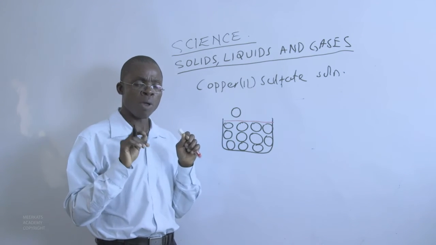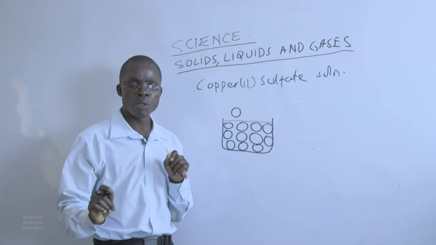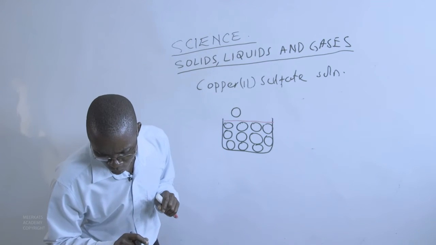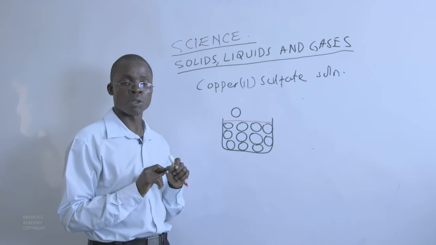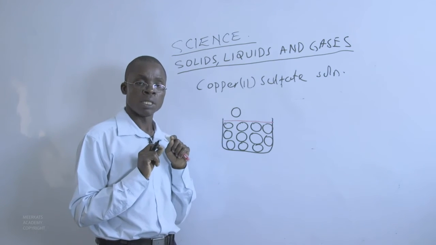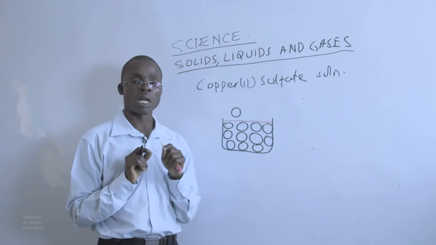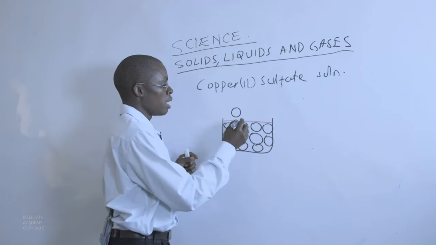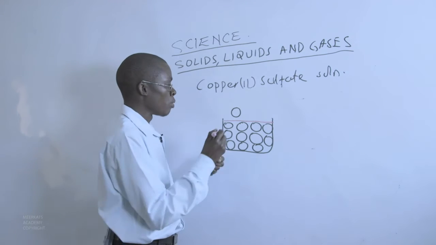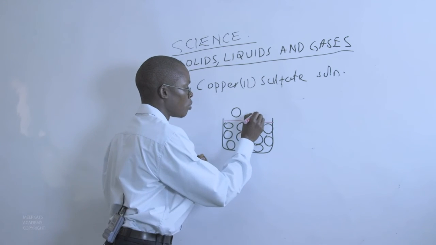But we have been told if you introduce another solid by the name sodium chloride crystals, it is a solid just like copper sulphate. Here, let's now introduce a marble ball.